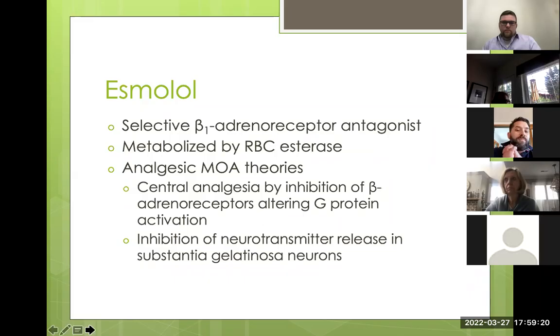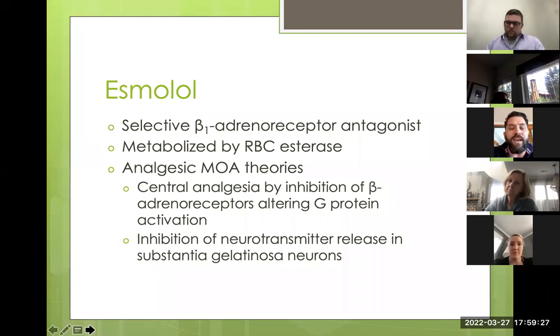A neat thing you might want to try out: if you have a patient who's an LMA case, spontaneously breathing, and they start to have some surgical stimulation, give 30 to 50 milligrams of esmolol and see what happens to their respiratory rate. You'll be surprised that it actually decreases. So you're seeing the nociceptive action of esmolol.